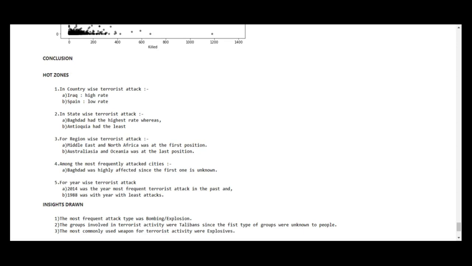Among the most frequently attacked cities, Baghdad was highly affected since the first one is unknown. For year-wise terrorist attacks, 2014 was the year with the most frequent terrorist attacks in the past, and 1988 was the year with the least attacks.